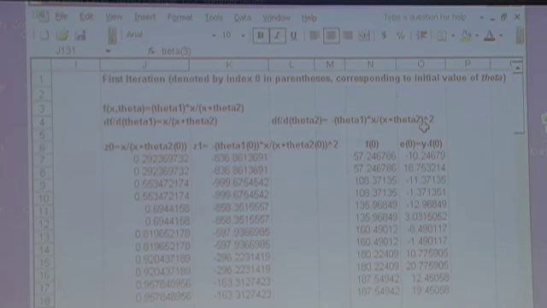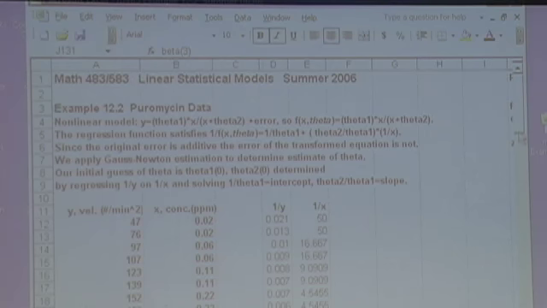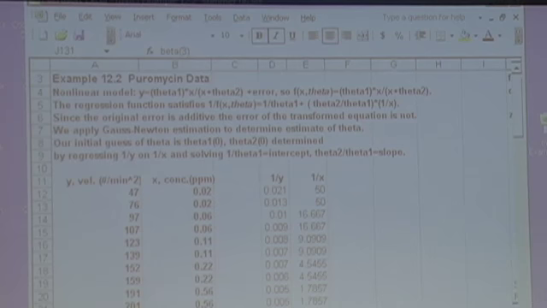I just plug in theta 2, which is 0.0484, and I write out these formulas.